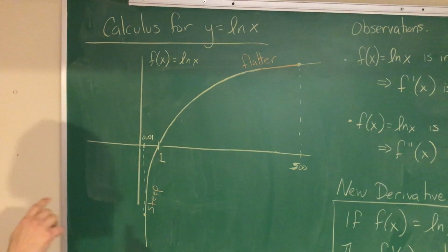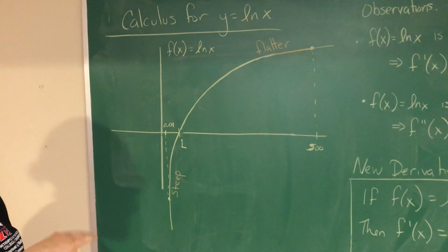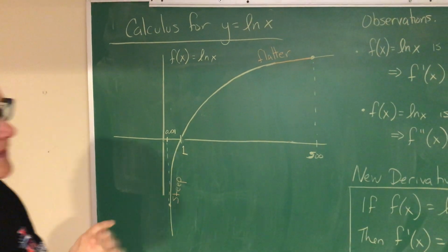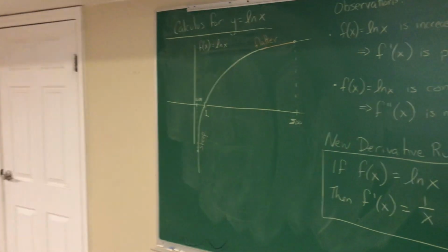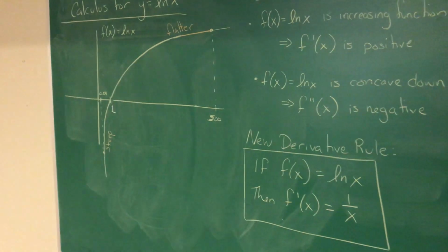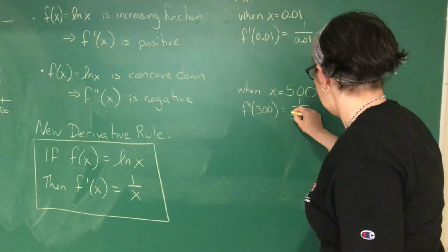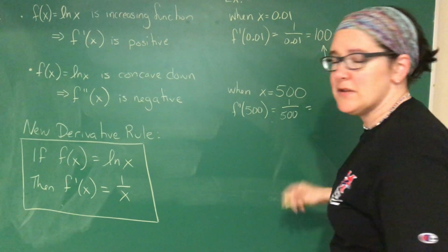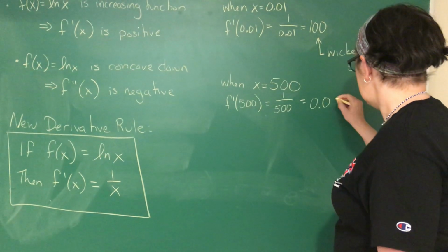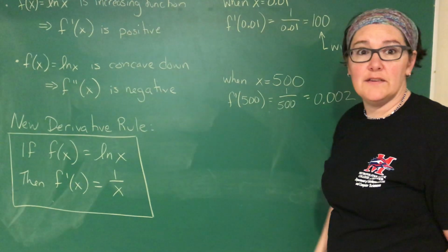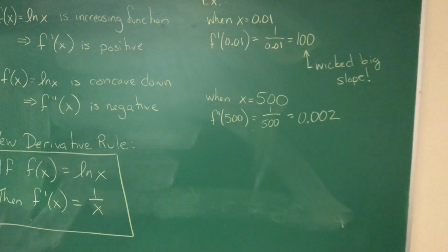And so if I type in x equals 500 into my derivative formula, I should get a slope that's really small. Let's see what happens. When x is equal to 500, f prime of 500, our derivative is 1 over x, so f prime will be 1 over 500. And if you type 1 over 500 into your calculator, you're going to get 0.002. That is a tiny, tiny number.